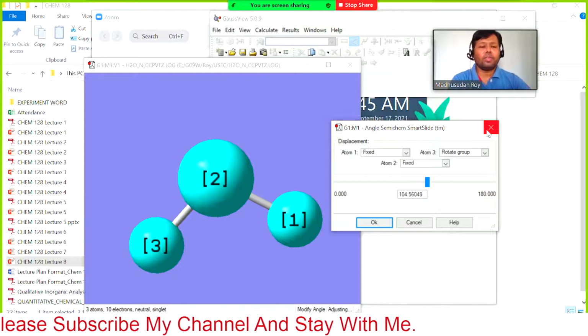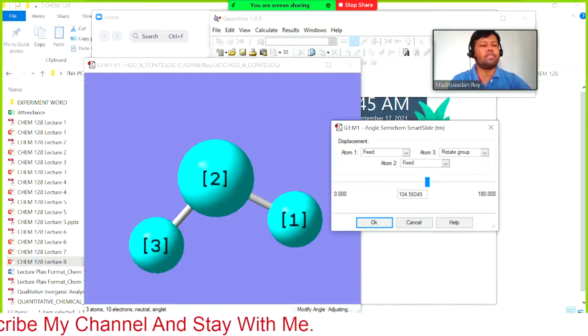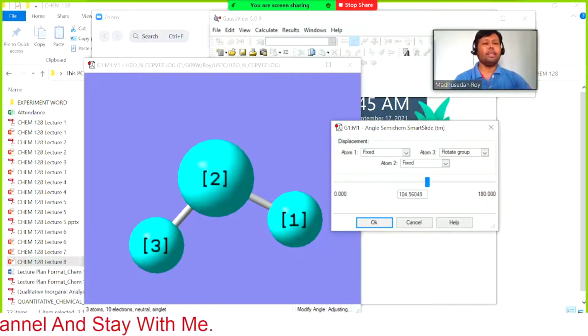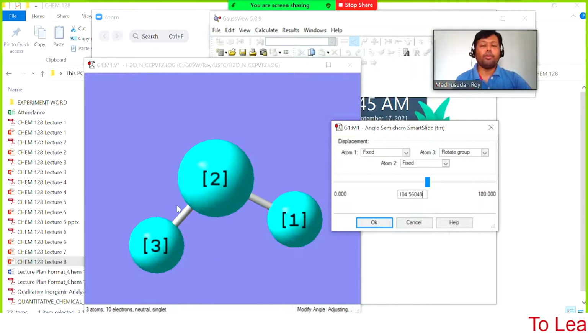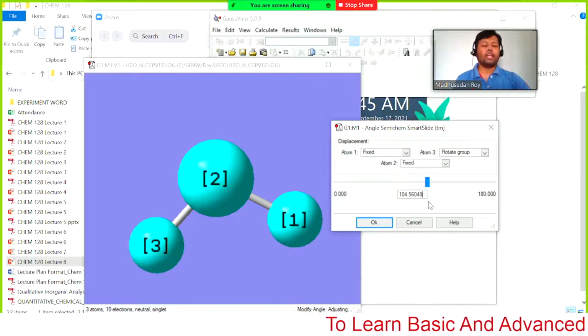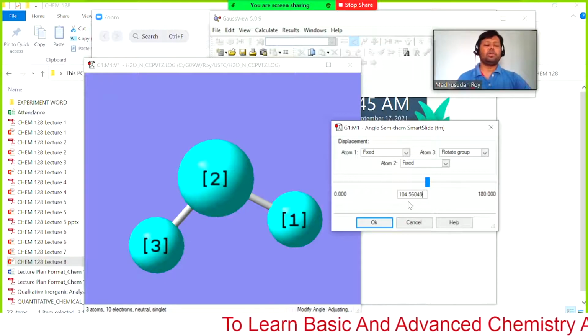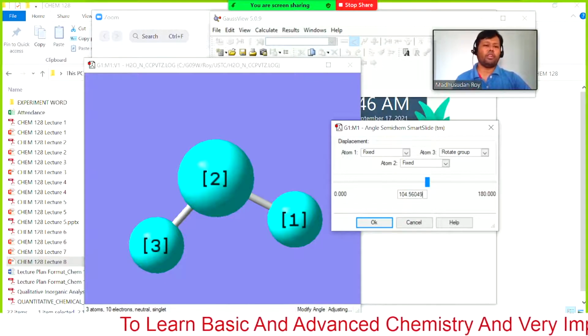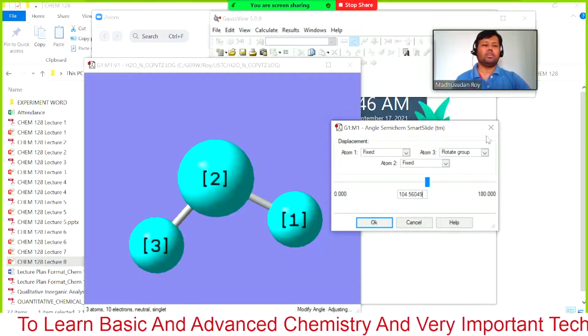So you are finding 104.56 degrees, which is reasonable, not 100% accurate but quite reasonable, because I gave 120 degrees but it optimized the structure to get the minimum energy structure, giving 104.56 degrees. So that is okay.